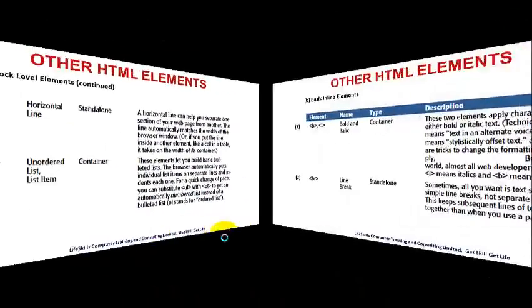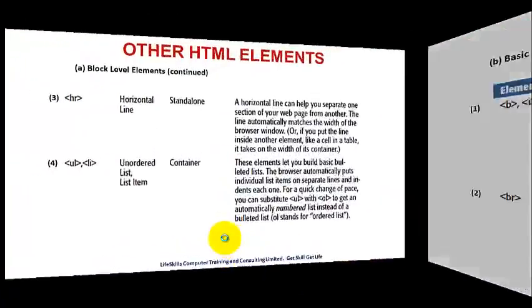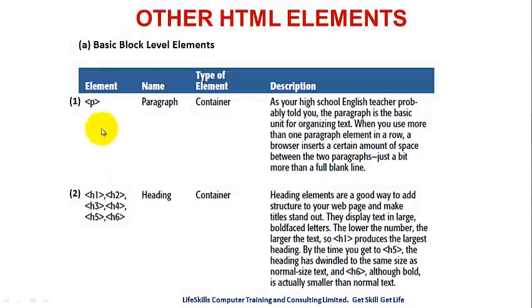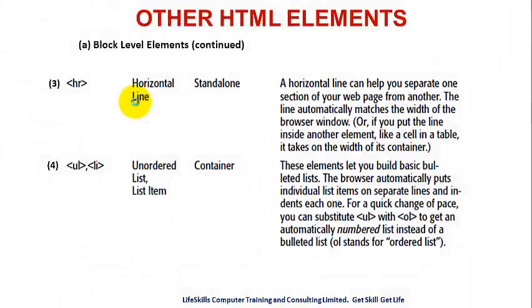Now let me go back. This paragraph and heading tag, we call them basic block level elements. They are HTML tags or elements that operate at block level. They separate your content in block form. Then we have horizontal rule, horizontal line, HR tag.